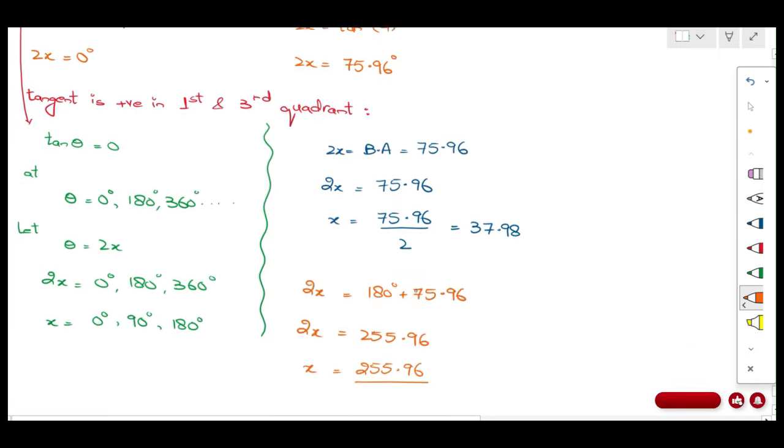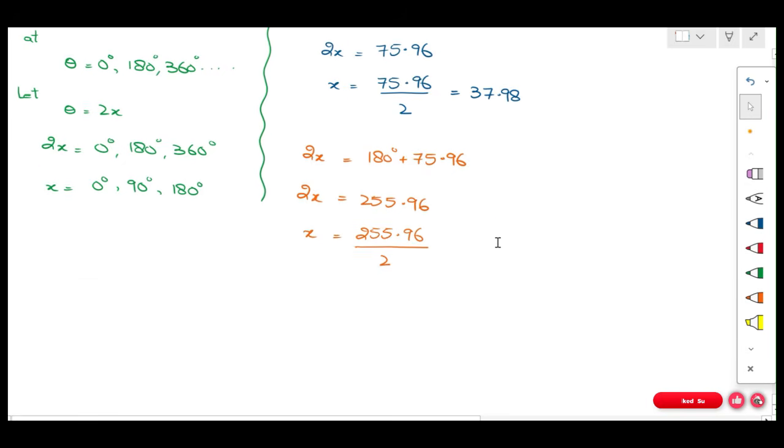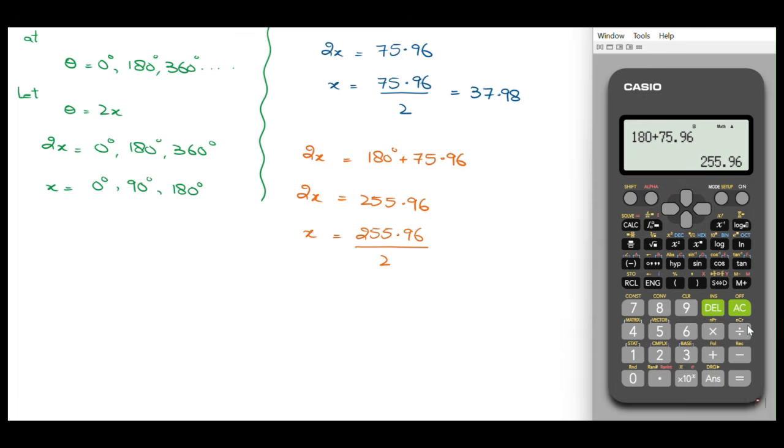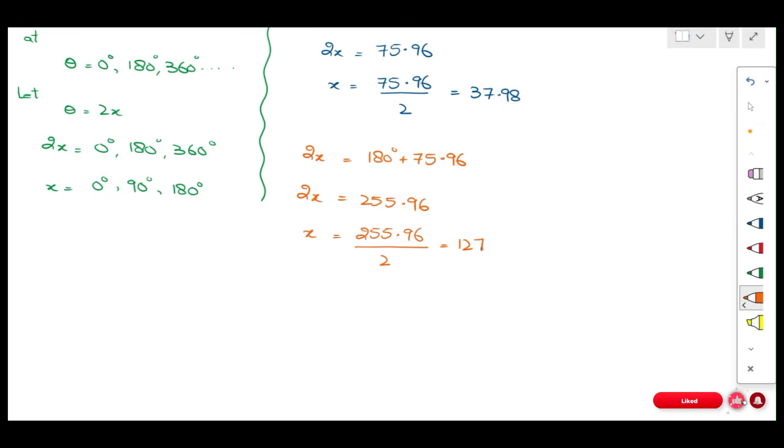So we have to solve for x here. And now tangent is positive in the first and third quadrant. So for the first quadrant, the x value is 37.98, and for the third quadrant, this term divided by 2 is 127.98. Now let me write down all the solutions. We have to solve for the x values. The first is 0 degrees, then 38 degrees, because I rounded 37.98 to 38.